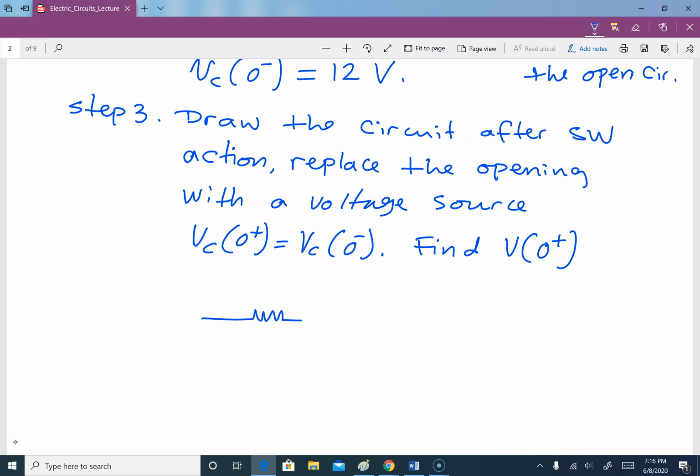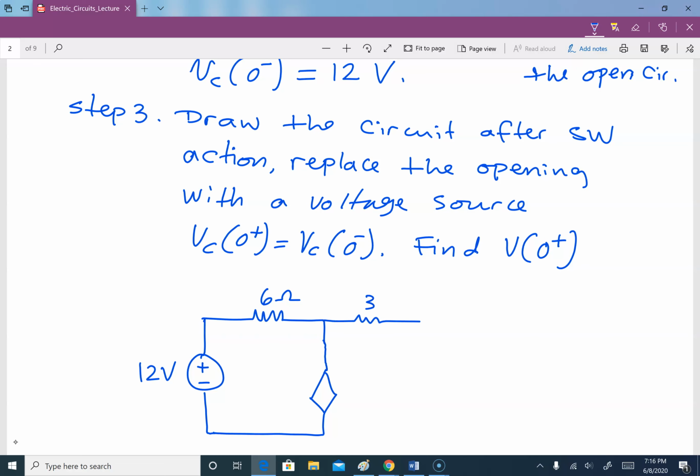So this is our circuit. The switch is closed. This is 12 volts, 6 ohm, 3 ohm, 12 volts, 2 IX, and this is IX.